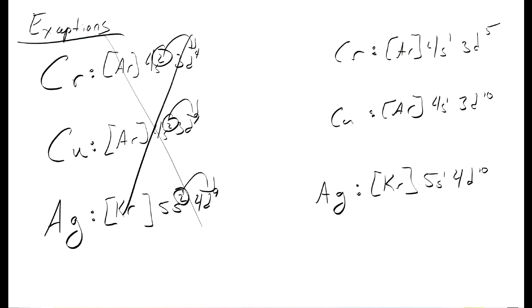There's a reason why they did that, and there's a reason why they were able to do that. The reason why they did that is very, very simple. Here's S, and here's D. Here's what you would expect for chromium, for example. Chromium has 4 d electrons and 2 s electrons.